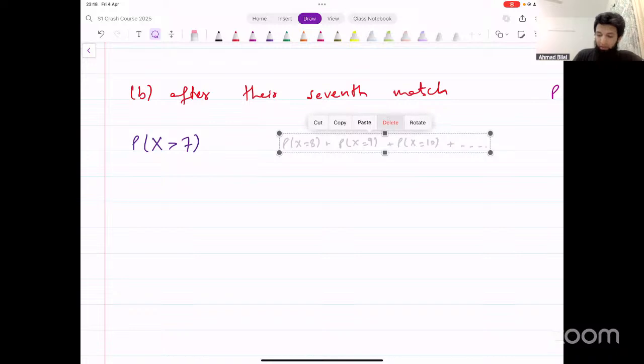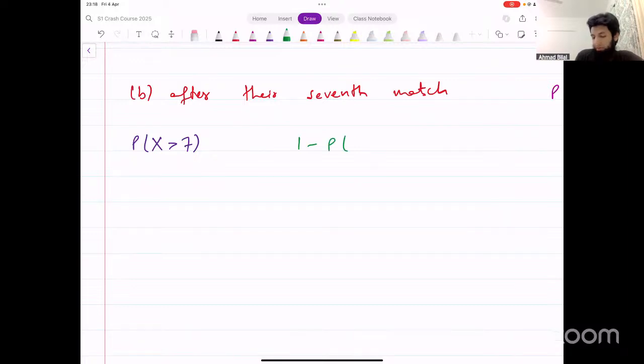One idea could be that you say 1 minus x less than or equal to 7. So you find the probability for x being equal to 1, 2, 3, 4, 5, 6, 7. Subtract all of them from 1 and you would get the result.